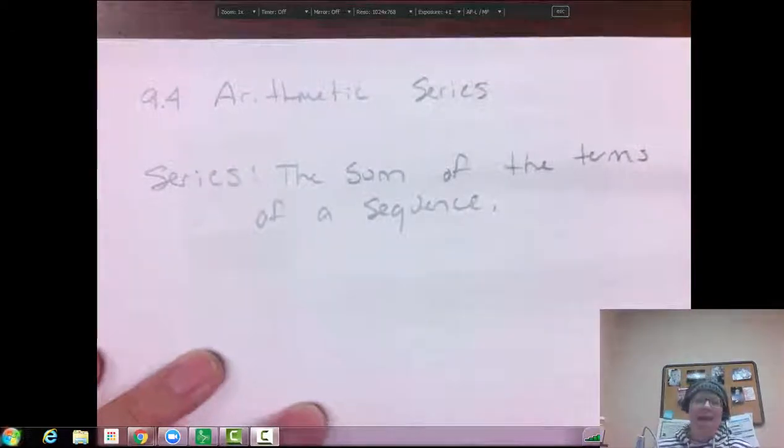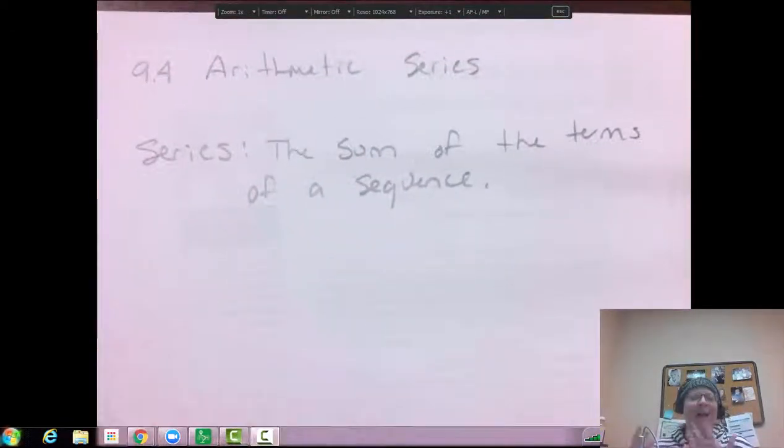So we're adding up all those terms. Well, we have to stop the terms, right? They have to have an ending spot in order for us to add them up. We can't be going on forever unless it is converging to a specific number. Then we can say it converges to this number. So we're going to look at that idea.